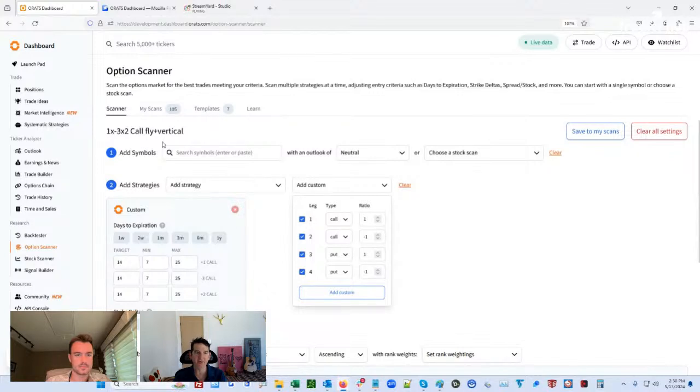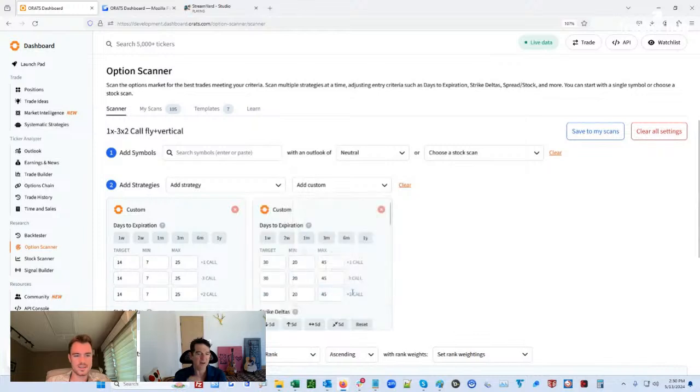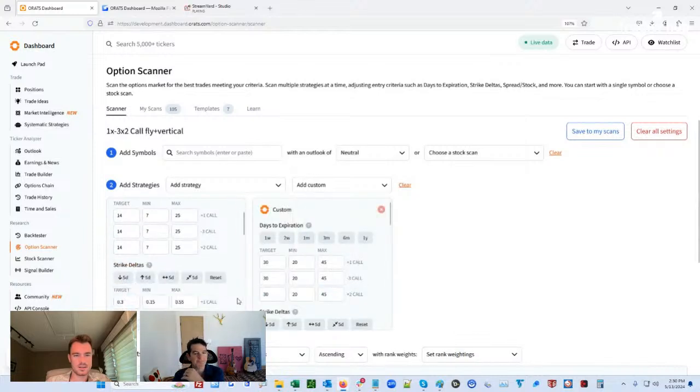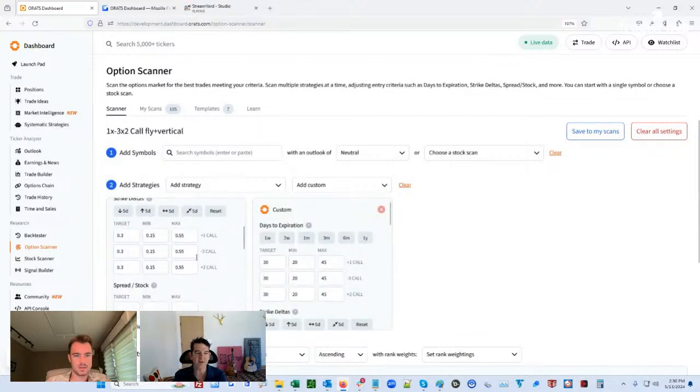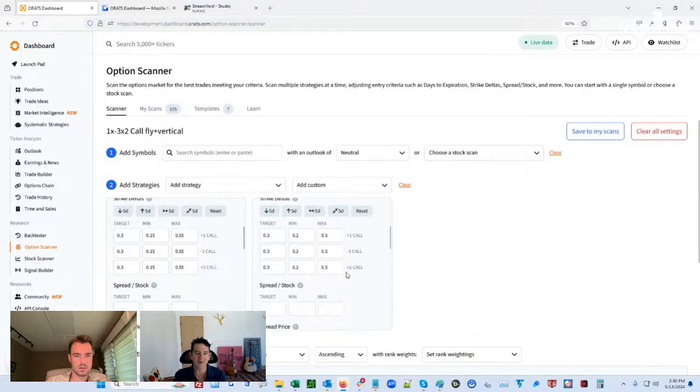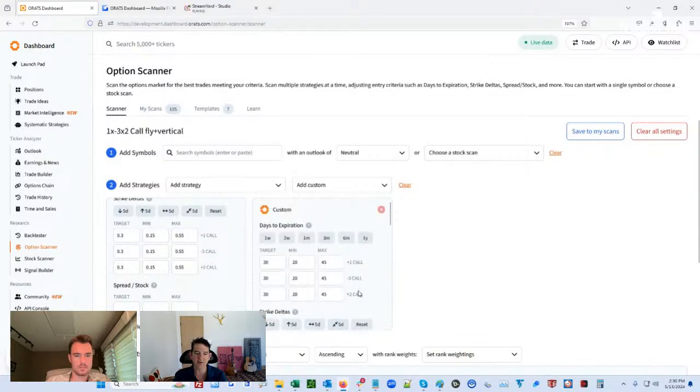So here's how I did the fly vertical. So I said, all right, so they're all calls and there are only 3 legs. So turn off the fourth, change that to a call, and it's 1x3x2. So then I said add custom, and then set the deltas that you want for each of your legs. So it's 1, 3, 2.